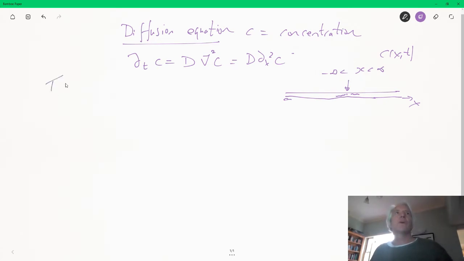So now we take the Fourier transform, and what do we get? We get the time derivative of c hat, because the Fourier transform is with respect to x, and the derivative with respect to x is multiplied by ik, so it becomes minus k squared D c hat.